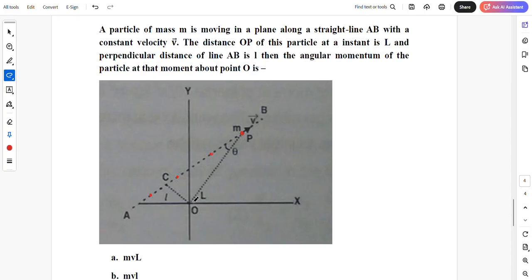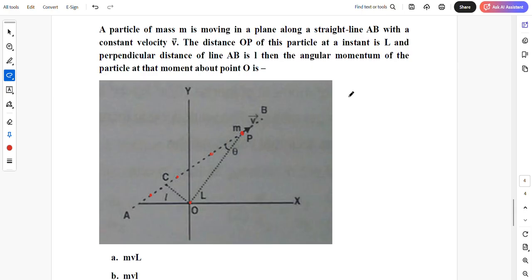The distance OP, this is O and this is P, of this particle at an instant is L, and the perpendicular distance of line AB from O is small l. Now the angular momentum of the particle at that moment about point O.